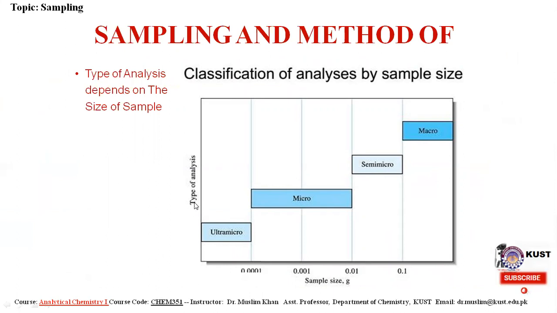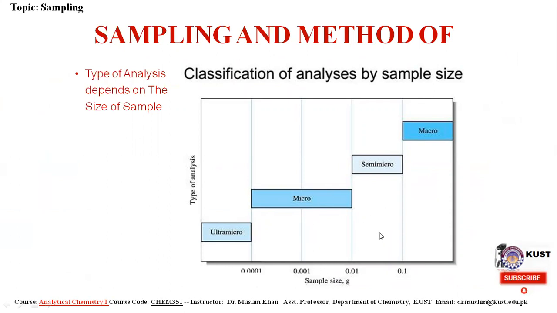If we are doing an ultra-micro analysis, we need a sample size of 0.0001 gram. If we need to do a micro type of analysis, we need 0.001 gram of sample.